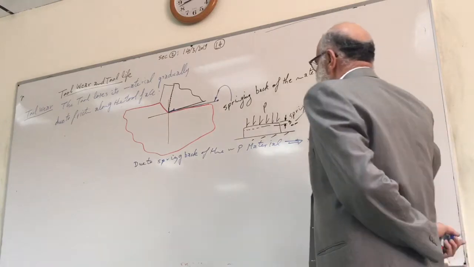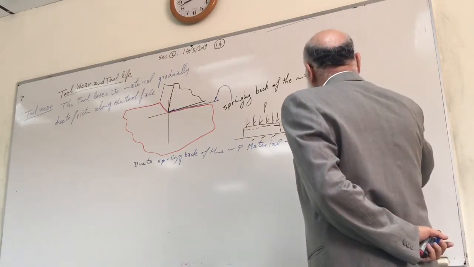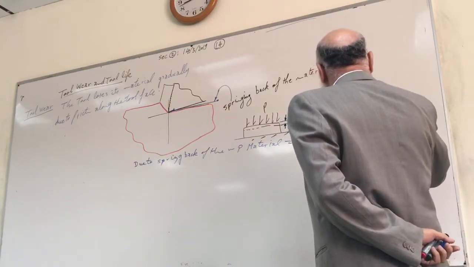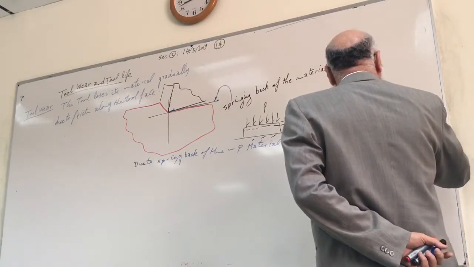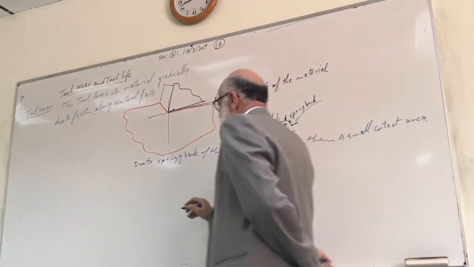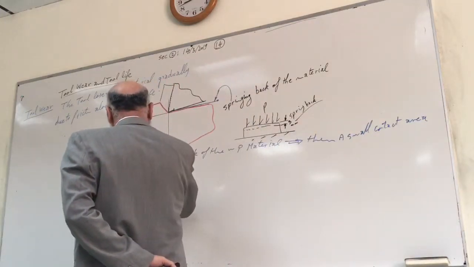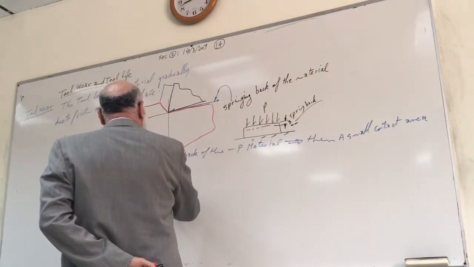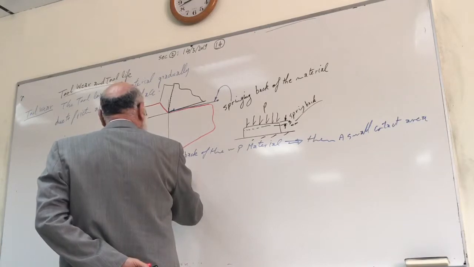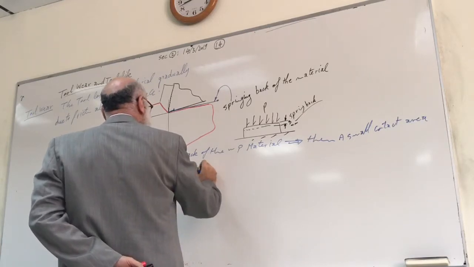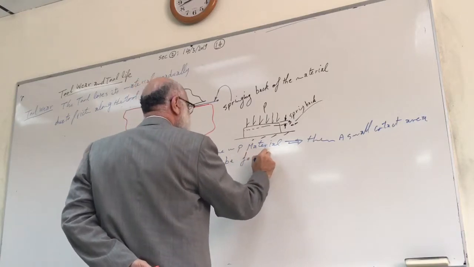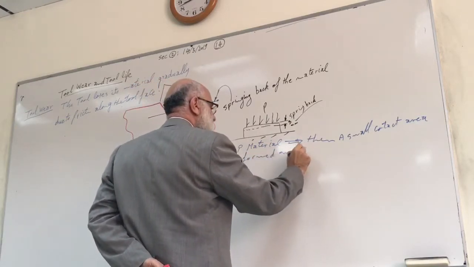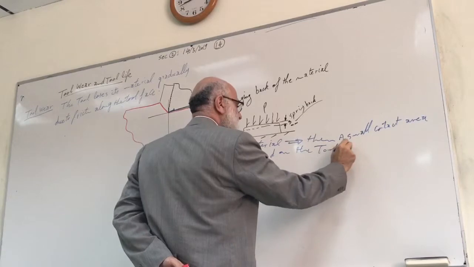Then a small contact area between the tool and the workpiece will be formed on what? The tool flank. On the tool flank.